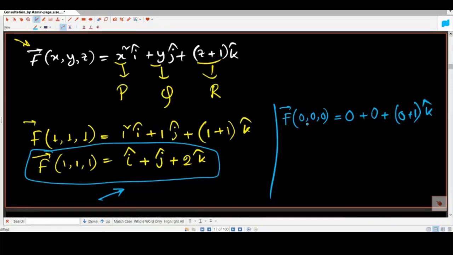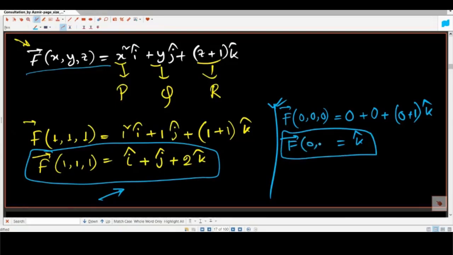So we are giving input 0, 0, 0, and we are getting the output 1k, that is just k. So that means from this vector field, we have generated another vector at 0, 0, 0.